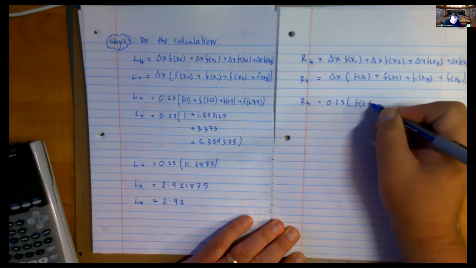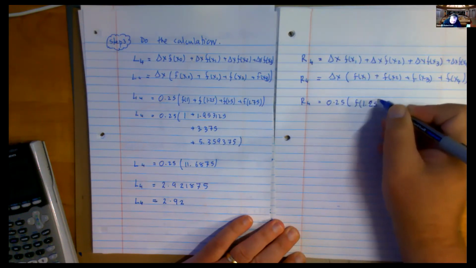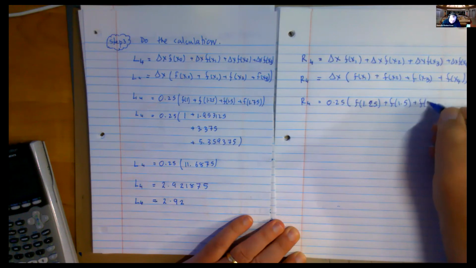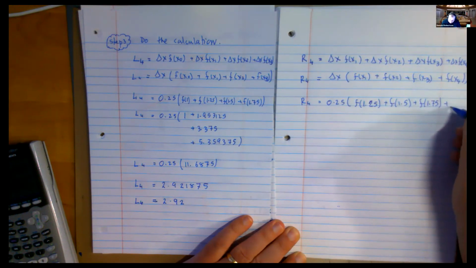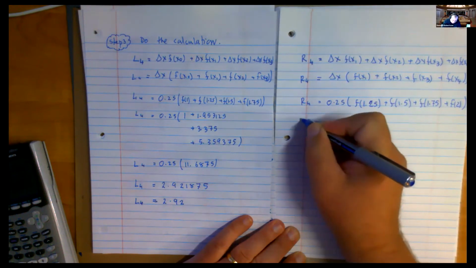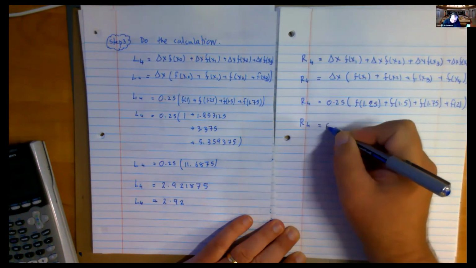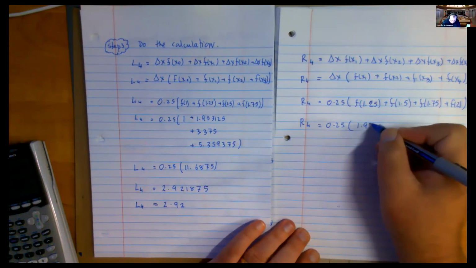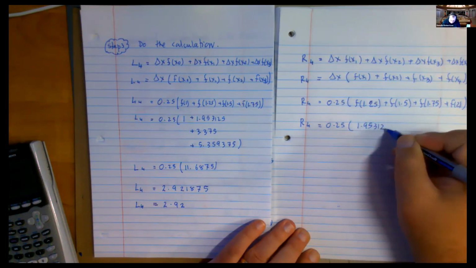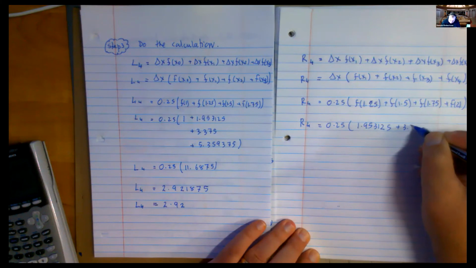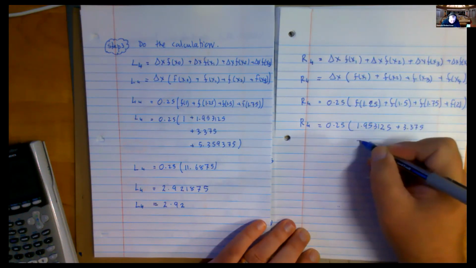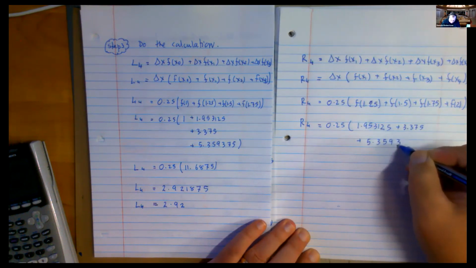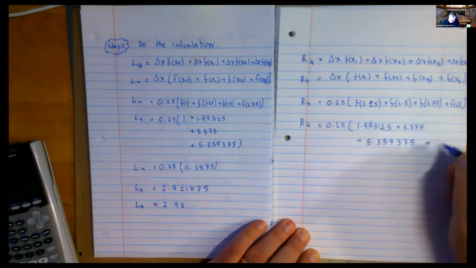F of 1.25, F of 1.5, F of 1.75, and you finish with F of 2. And that becomes 1.953125, 3.375. The third one is 5.359375, and the last one is 8.